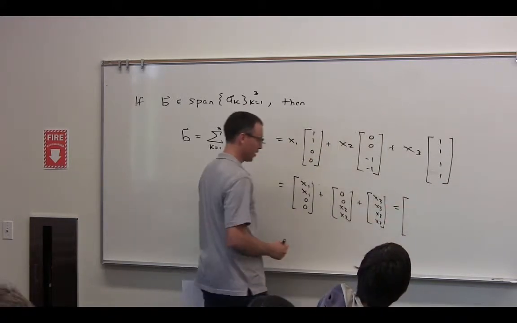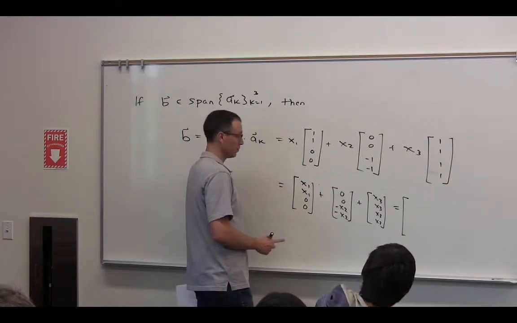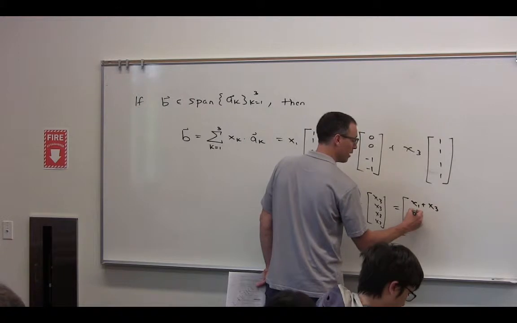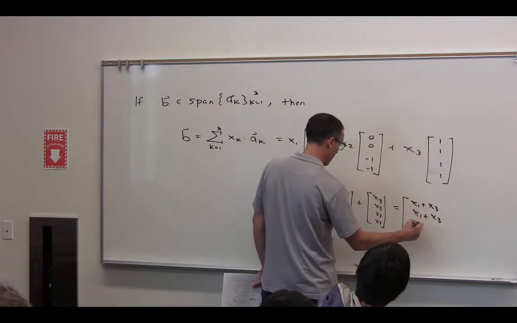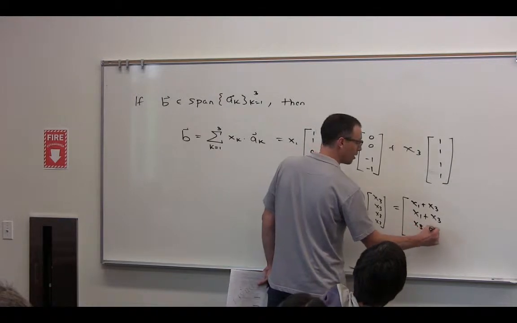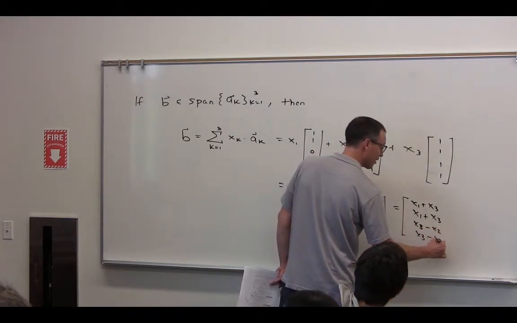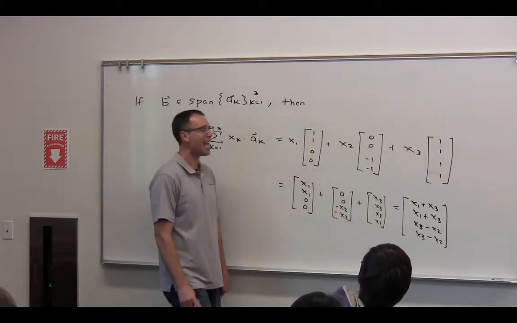And what does that look like? This would be (x1 plus x3, x1 plus x3, and then this one would be, look, x3 minus x2, x3 minus x2). What do you notice about that, the behavior of that vector?